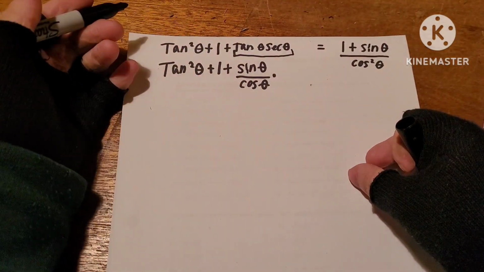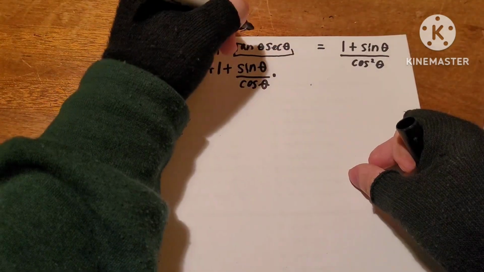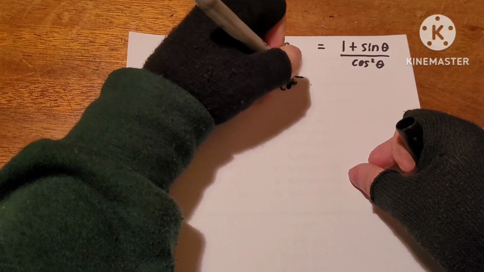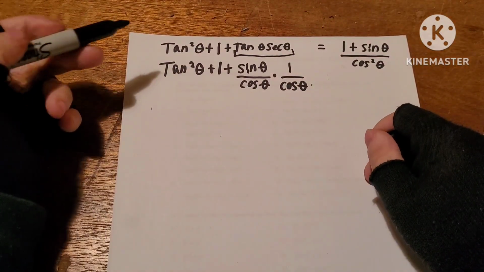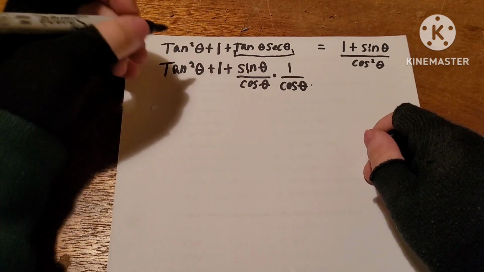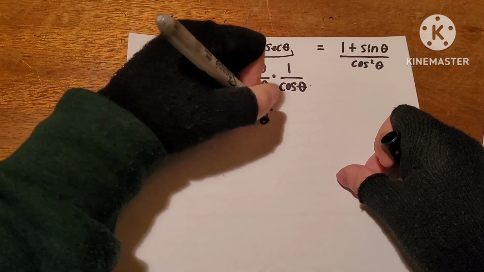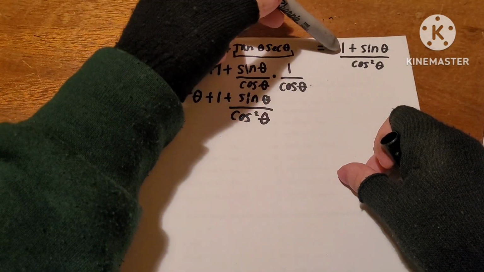However, as this is a step-by-step process, I want to take you through it step by step. Now, for secant theta, that is 1 over cos theta. And now, with these together, we will get sine theta over cos squared theta. And there we go. Now we are a little bit closer to our end result.